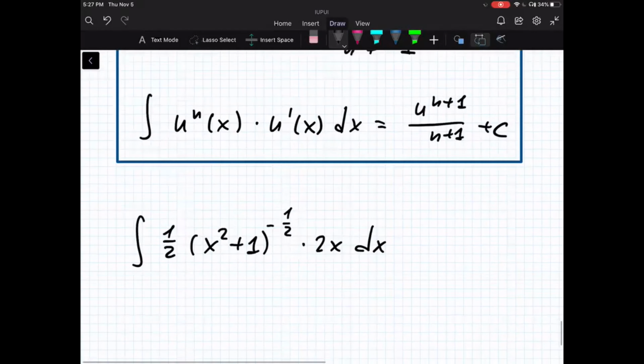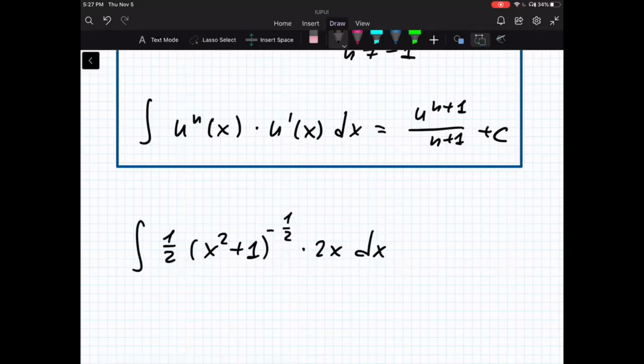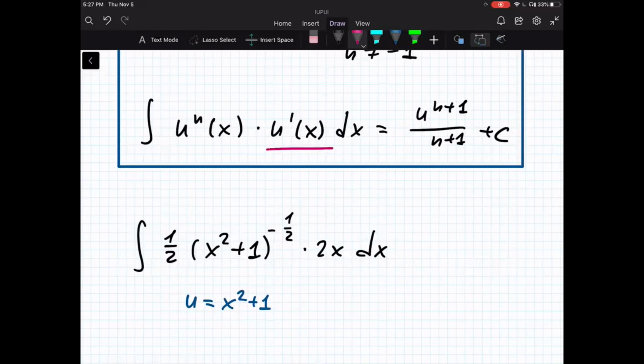If we compare the formula in the blue box with our example, we see that the candidate for u is the function x squared plus 1. But we should also find something that corresponds to u prime. So u prime will be 2x.